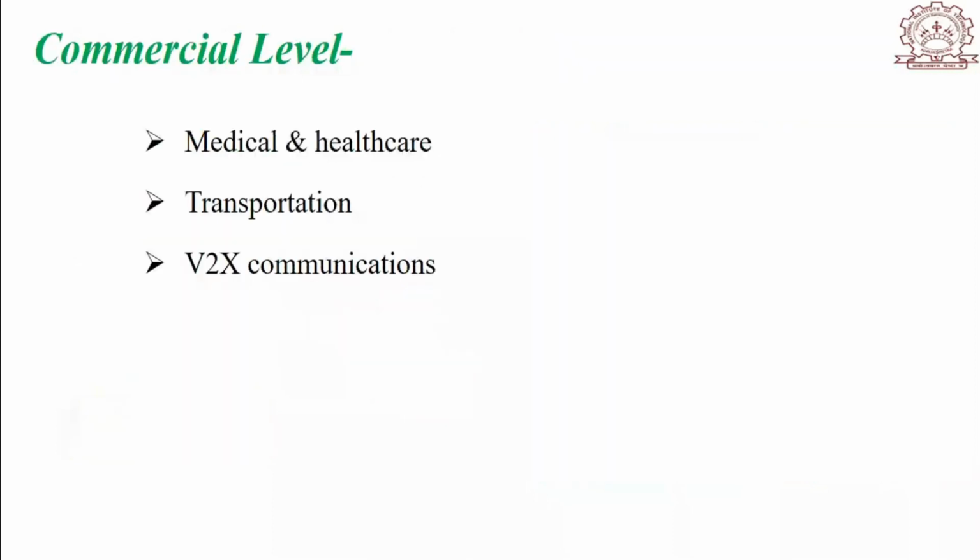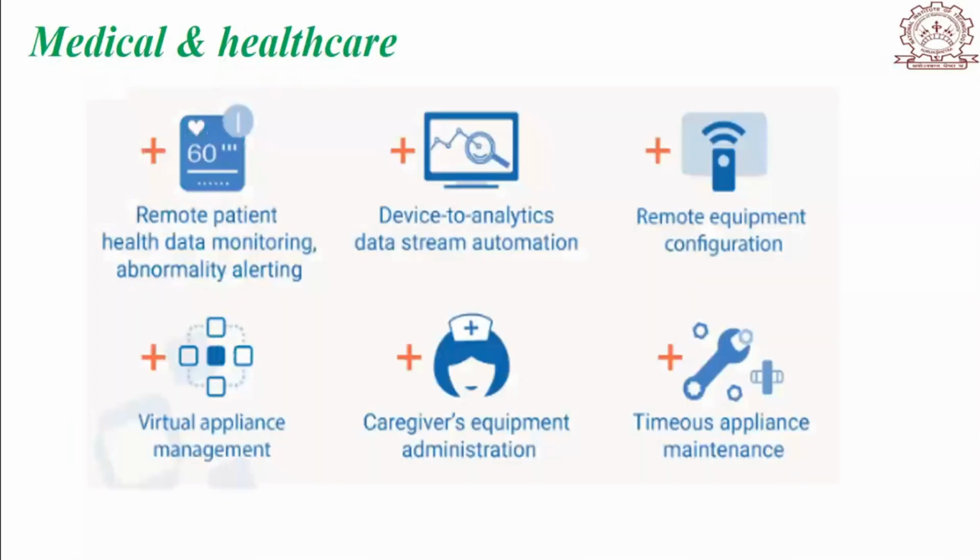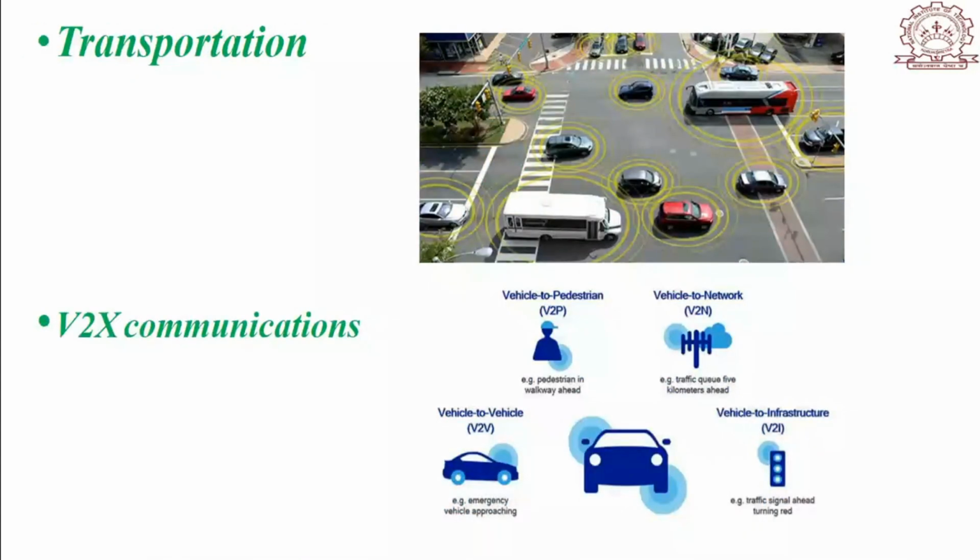At the commercial level, there are the medical sector, transportation, and V2X communication, meaning vehicle to vehicle, vehicle to people, like that. In the medical sector I have already given you the example of tracking. The transportation system is already implemented by GPS. Everybody can track how much time it will take to reach the destination and how far your vehicle is, and you can also track from vehicle to vehicle.